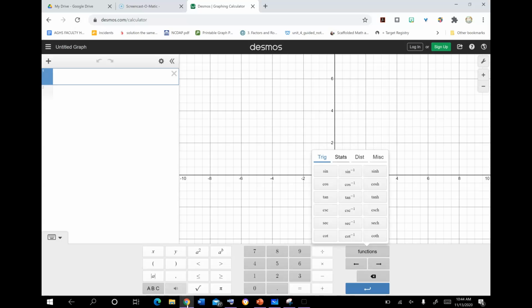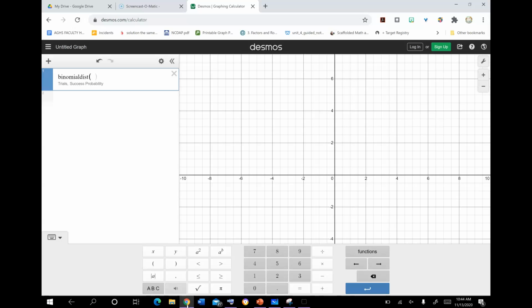It's this one. We want the binomial one right here. Binomial, okay? What you type in is you want to type in your N and your P, okay? So I'm going to type in a 3, comma, whatever your P is.